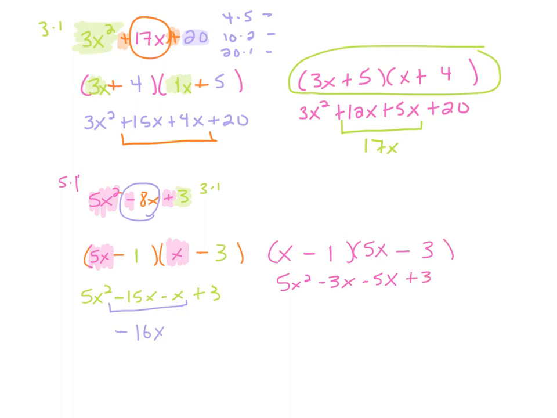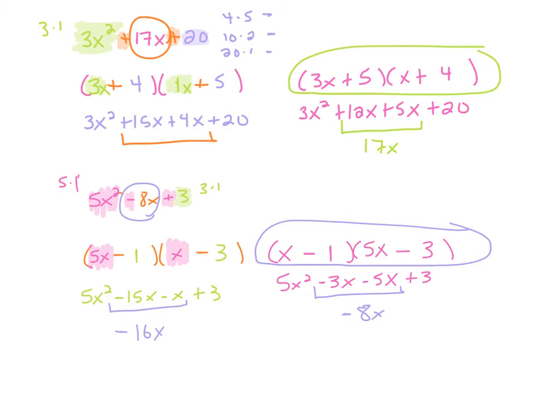Now we look at our middle term, negative 3x minus 5x, negative 8x. So there is our correct answer, x minus 1 times 5x minus 3.